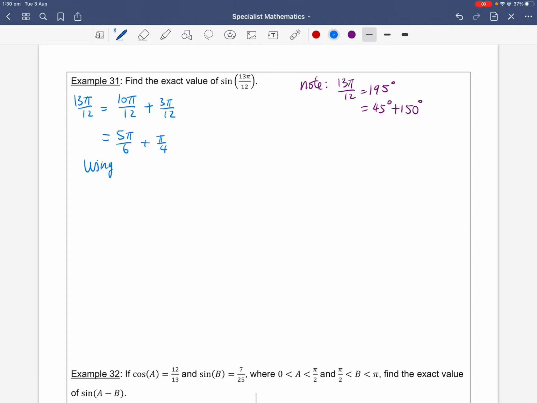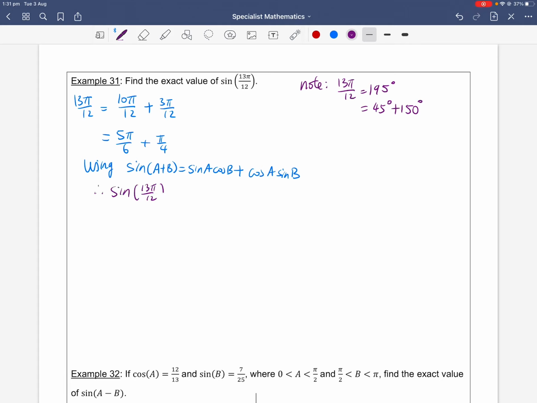Using the formula, sine of A plus B is sine A cos B plus cos A sine B. For us, A and B is whichever order it is. So our A can be 5 pi on 6 and our B can be pi on 4.